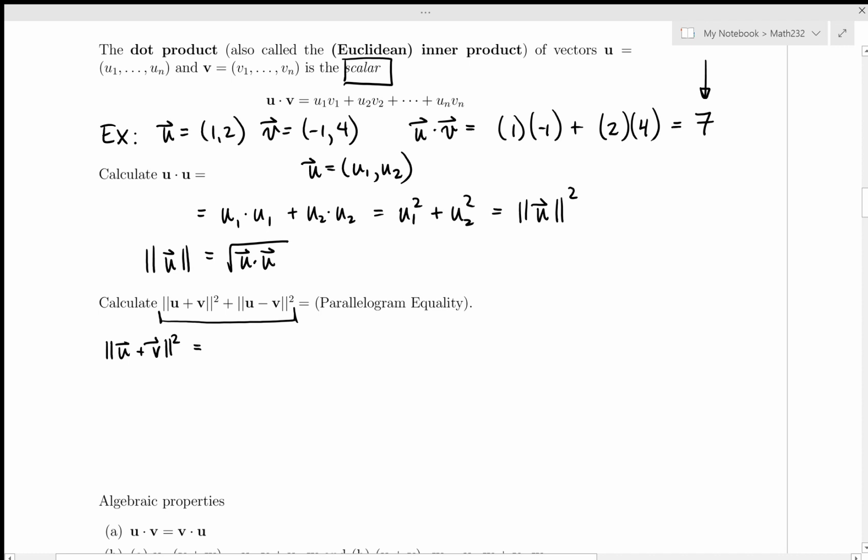Well, that's going to be u1 plus v1 squared plus u2 plus v2 squared plus un plus vn squared. And I'm not taking the square root because it's the norm squared. If it was just the norm, I would take the square root, but it is the norm squared. So I'm simply adding together the squares of all of the components of this vector. Okay, I do the same thing with the other one.